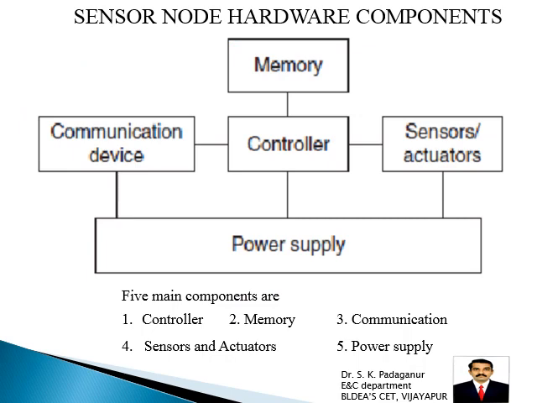Today we'll start the next concept of wireless sensor network, that is sensor node hardware components. As you know, in a wireless sensor network, very huge numbers of sensor nodes are used, and how does it look when you view its components?